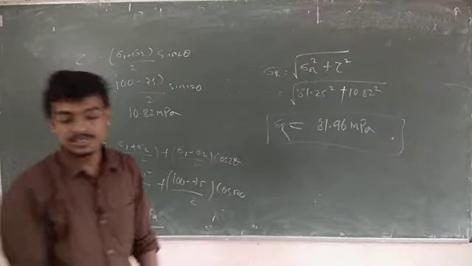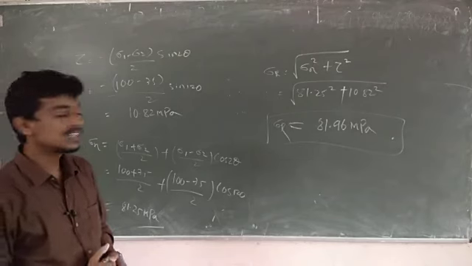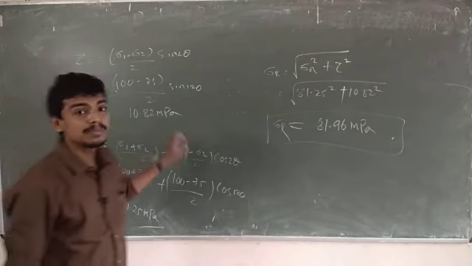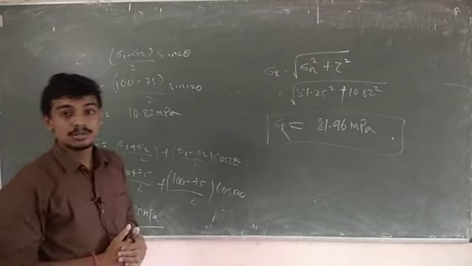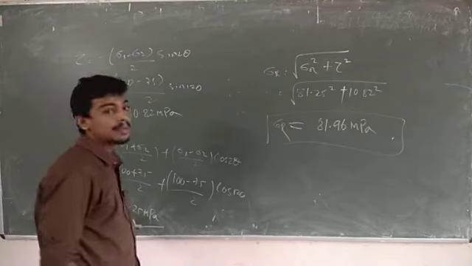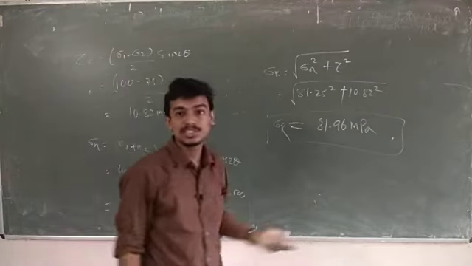Okay, so this is the problem. I hope this is clear to everyone, because in this problem we calculated the normal stress first using the formula, then the shear stress using the formula, and the resultant stress using the formula.